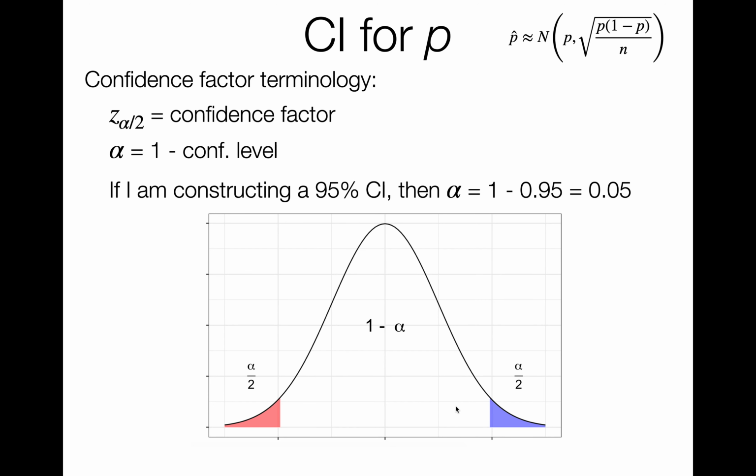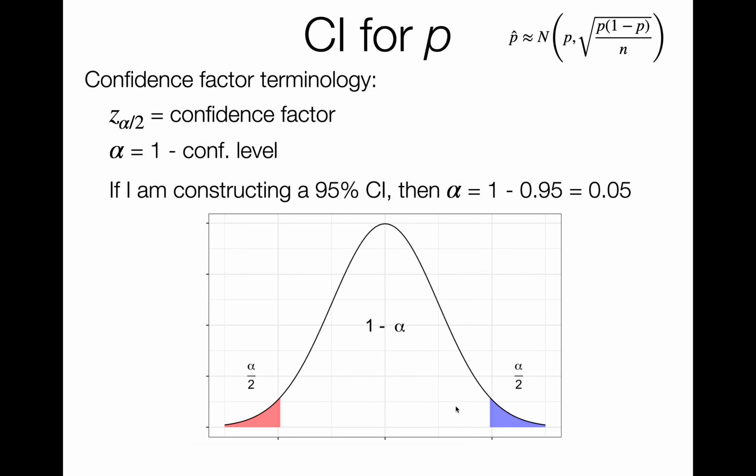And so with all of this together, given the fact that p hat is normal, we have this normal curve, and what we're really doing is trying to find, we know that p hat is approximately normally distributed, and so we want to find out of this theoretical distribution of p hat, if I want a 95% confidence interval, or just a 1 minus alpha, that means that 1 minus alpha is going to lie inside where my confidence is.